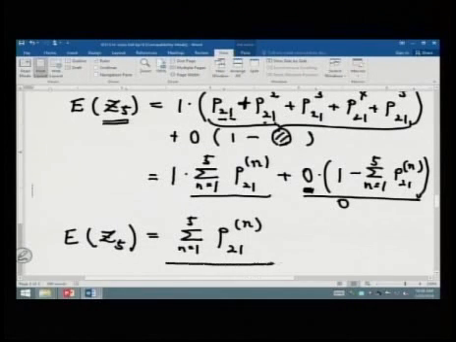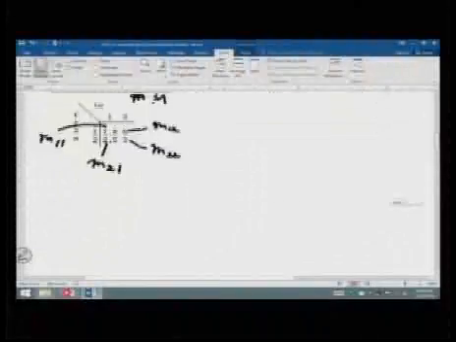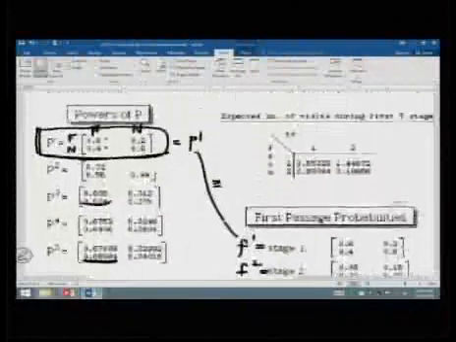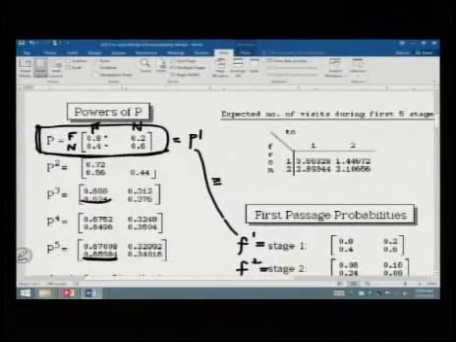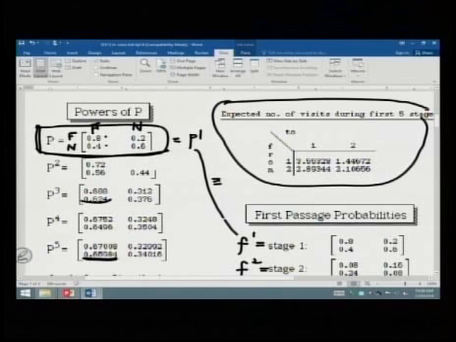Which is this. Does that make sense? And I already provided this information if you go up all the way, right here. That is, the expected number of visits during the first 5 stages.